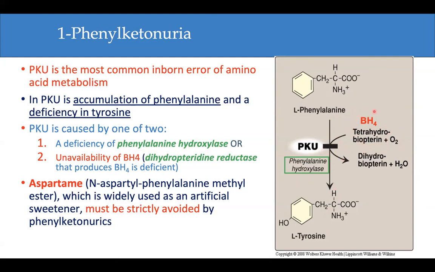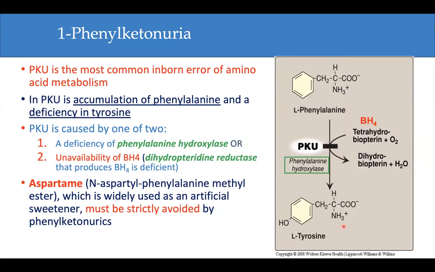A deficiency in either of these is going to give you phenylketonuria. Now, what happens in these patients is you get accumulation of phenylalanine, which then results in a lot of side effects, as we'll see.